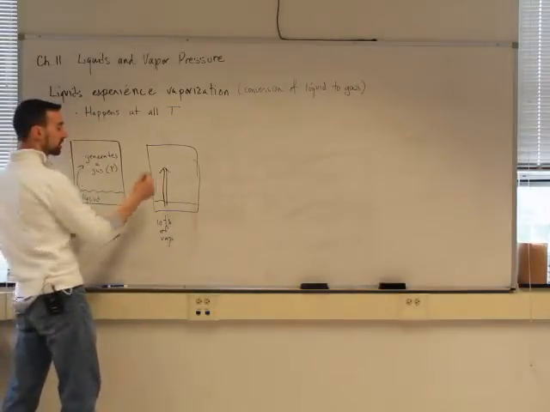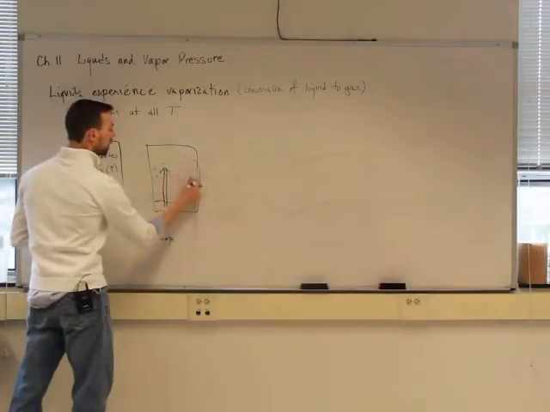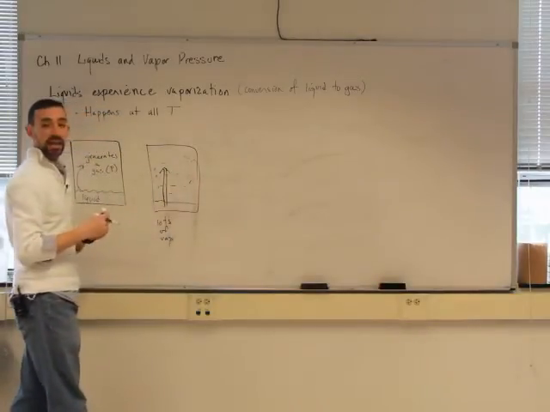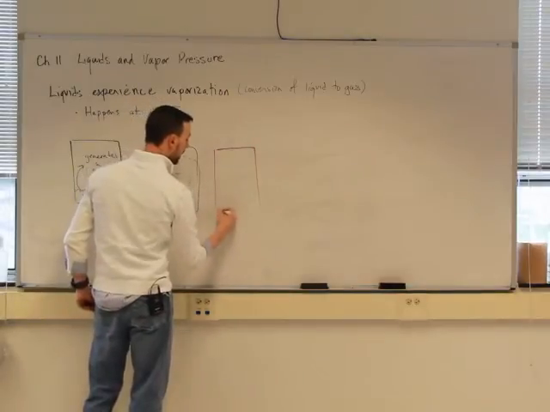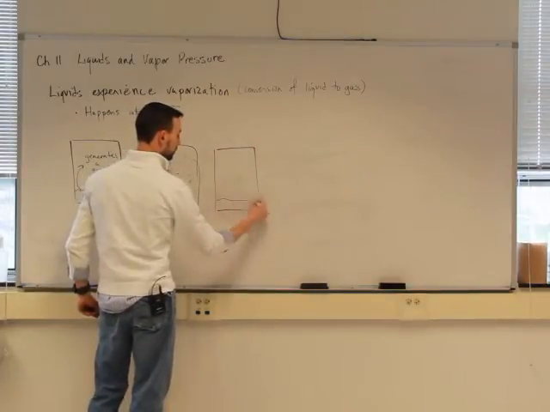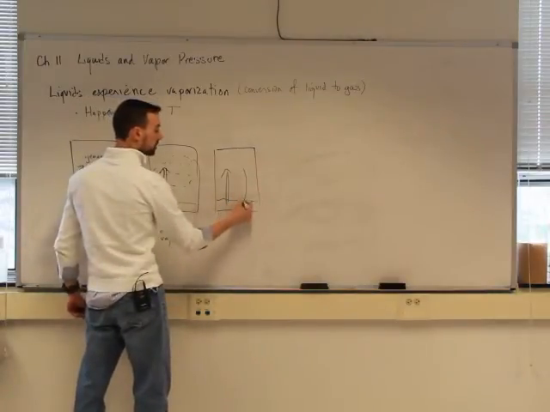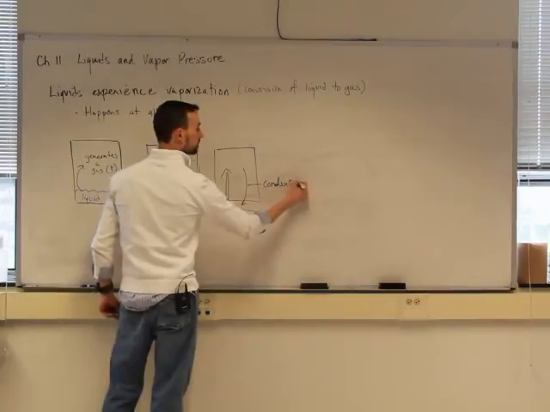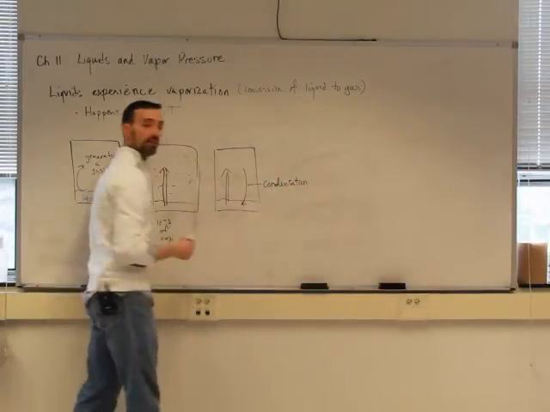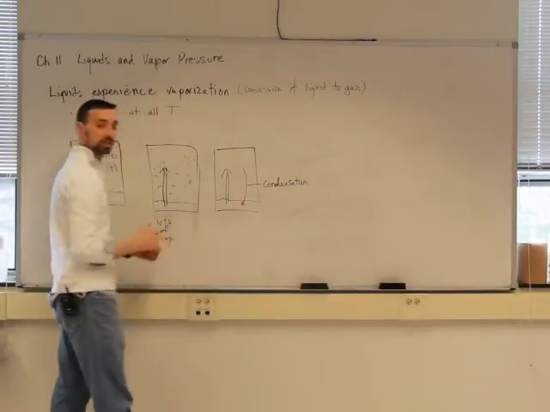But as we start to build up the supply of gas particles up here in the headspace above this liquid, then we will start to see condensation beginning to occur. So we might still have a lot of vaporization, but now we'll start to have some condensation, returning of the vapor back into the liquid phase where the molecules get caught.